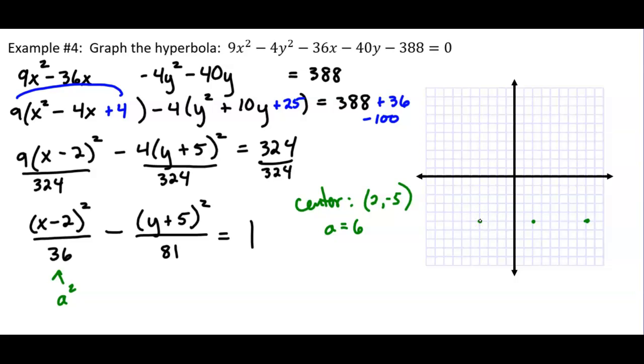And then my b squared is going to be right here. So b is 9. So going up 9, that's fine. But it's the going down 9. So maybe right there.